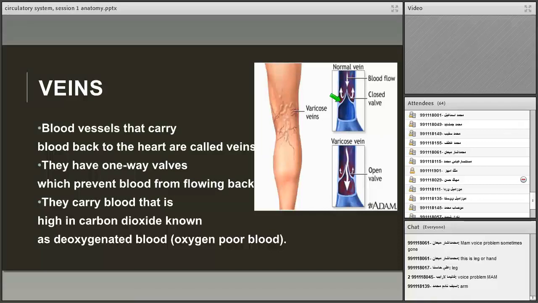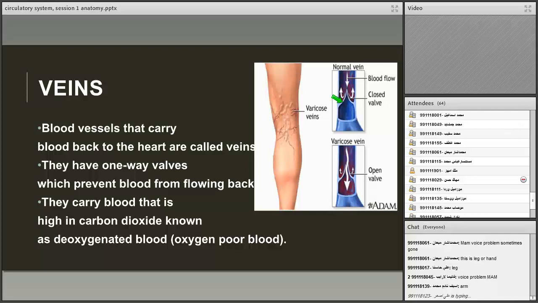But if these valves work inappropriately, and for example, like here, the blood flows backward into, for example, the legs, we call it varicose veins. Okay? We call that varicose veins because these valves have a problem and the blood will flow backward.